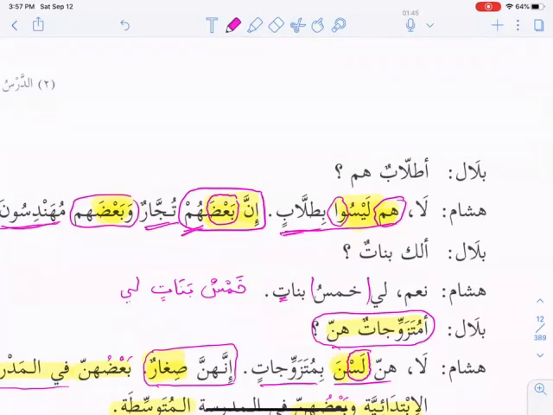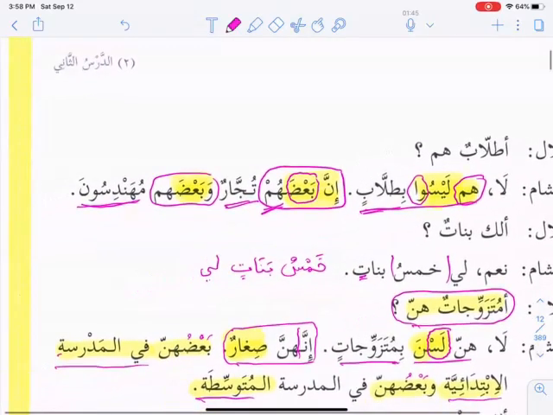No, they are not married. Inna hunna sigarun. Verily, see, inna came and then hunna came. This is your ismu inna, mansub, and sigarun is your khabar. They are young, very young.